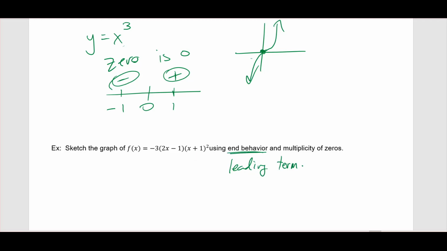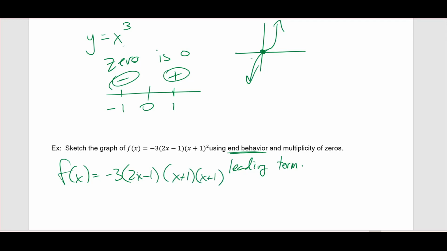So if we just multiply the leading stuff together, what are we going to get? If we want to, we can write it out again as -3 times (2x minus 1) times (x plus 1) times (x plus 1).